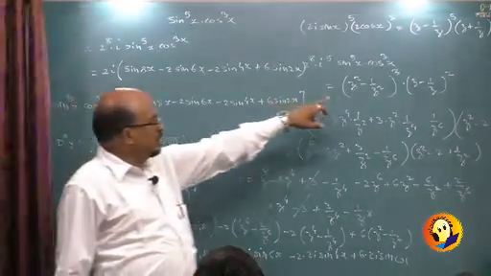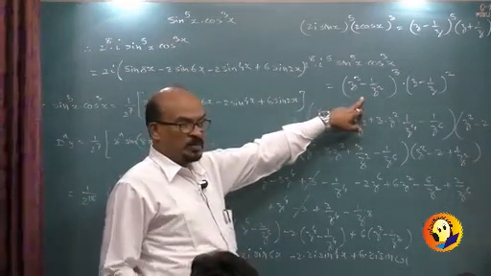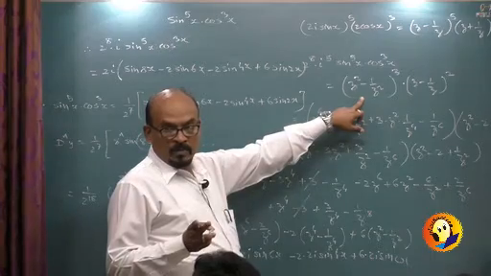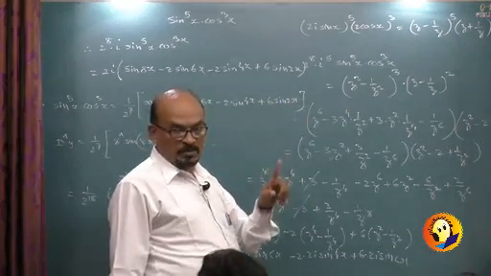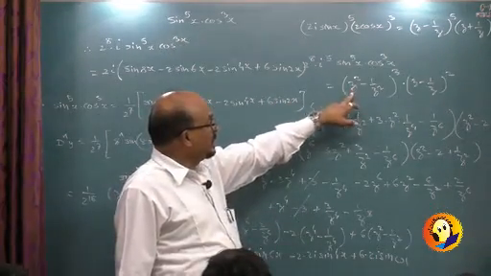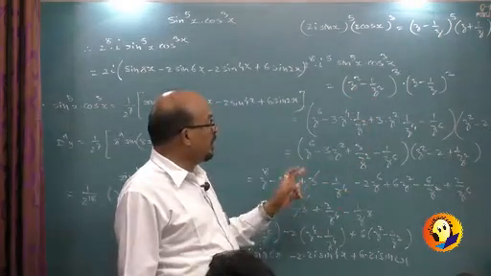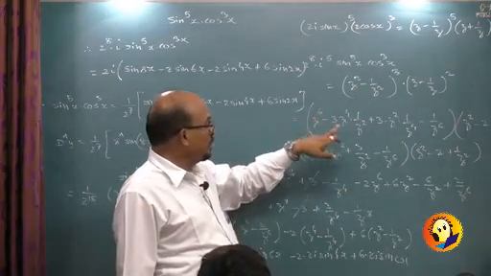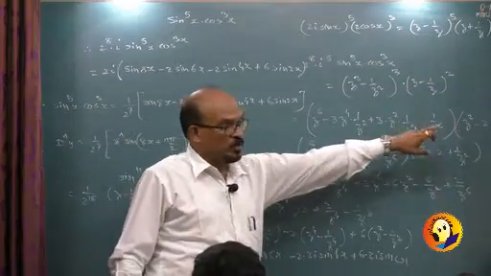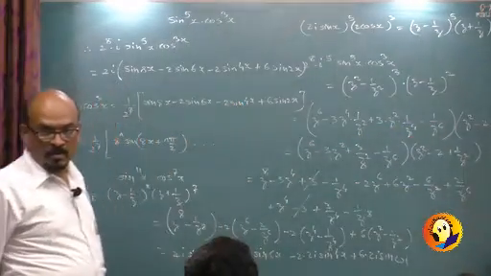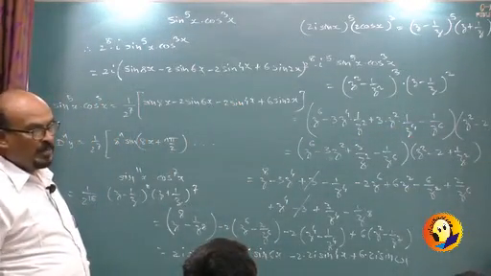When it is z plus 1 upon z, powers will reduce by 2. Normally it reduces by 1, here it is 2. When it is z square plus 1 upon z square, powers will reduce by 4: z raised to 4, z square, 1 upon z square, z raised to 6. So everything can be written very mechanically.